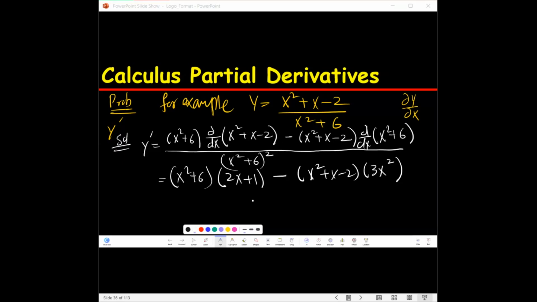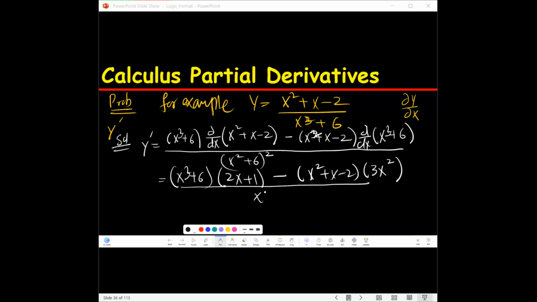Yeah, this is a cube. No, this one should be square. And this one, yeah, square. So you're going to write it like this and then divide it by the square of the denominator.